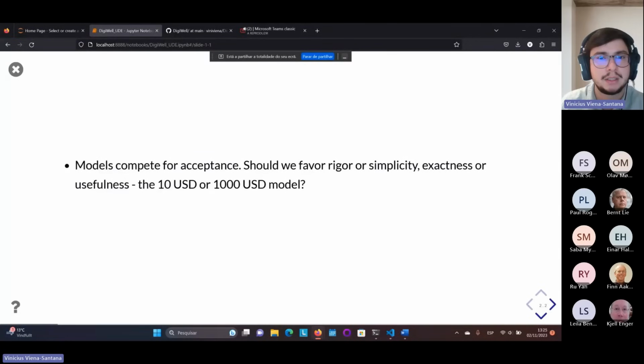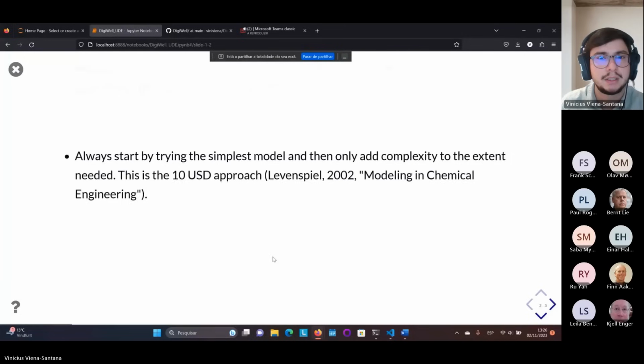When you are modeling a system, should we favor rigor or simplicity, or should we prioritize exactness instead of usefulness? If you translate a model into a monetary value, we should ask ourselves: should we favor our $10 model or our $1,000 model, assuming that the $10 model is the simplest one and the $1,000 model is our more complex one?